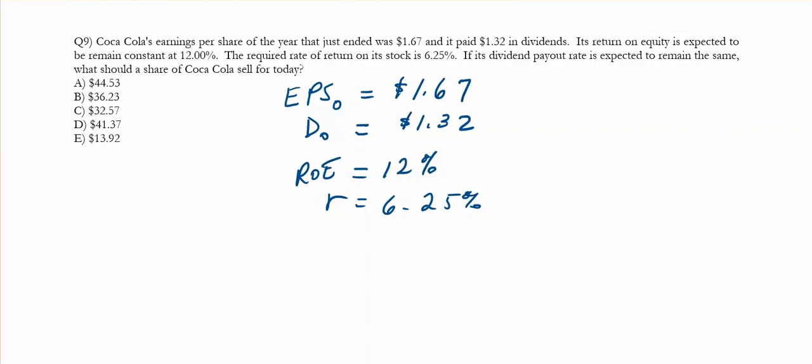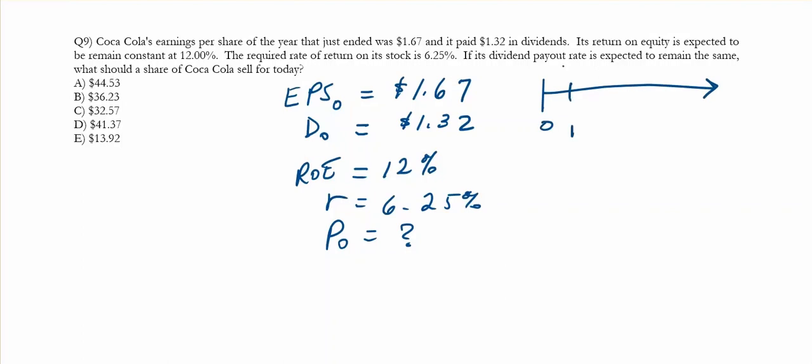If the dividend payout rate is expected to remain the same, what should one share of Coca-Cola sell for today? So the thing that we need to know is the price per share today. Now, because the return on equity will stay the same and the retention rate will stay the same, this will be a constant growth problem.